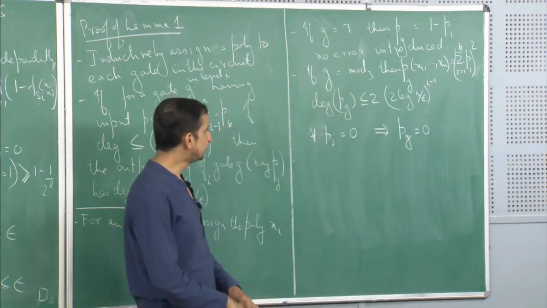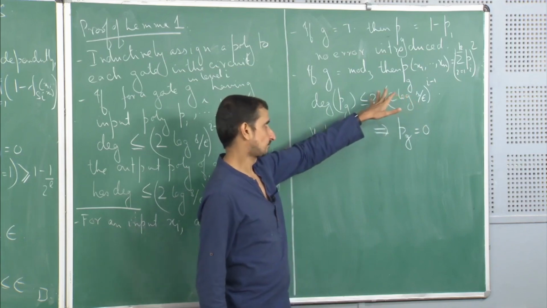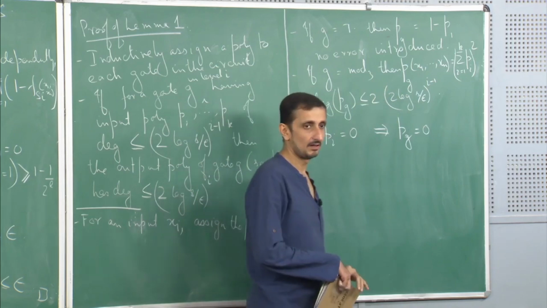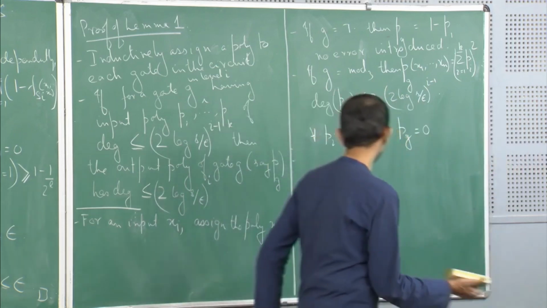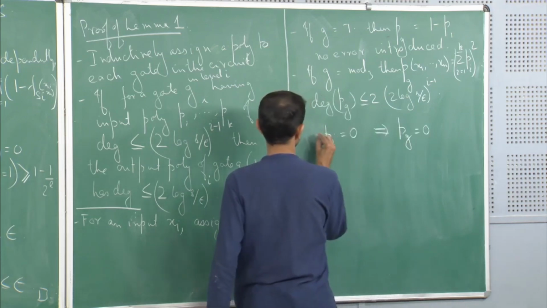On the other hand, if there exists some Pi, well, I shouldn't say all. I'm just thinking of the best way to write this. Let me just put it this way.